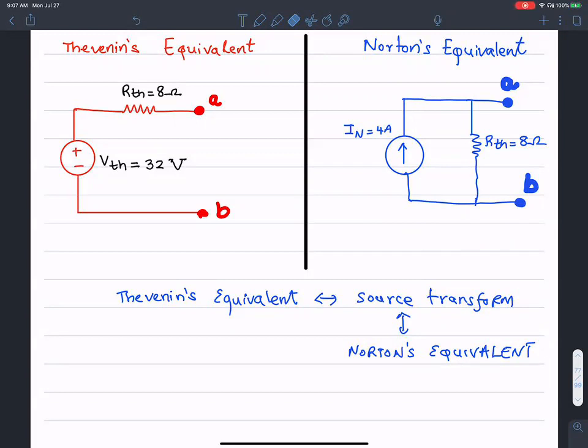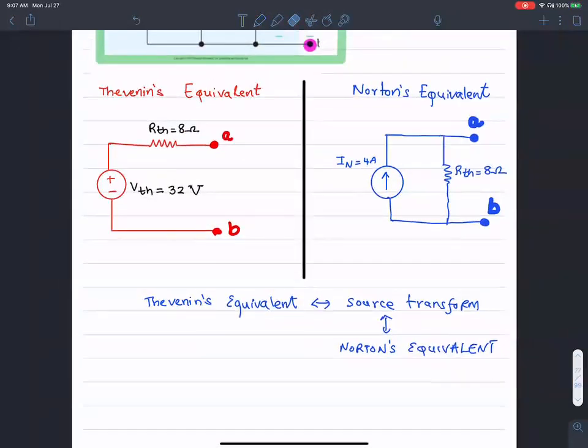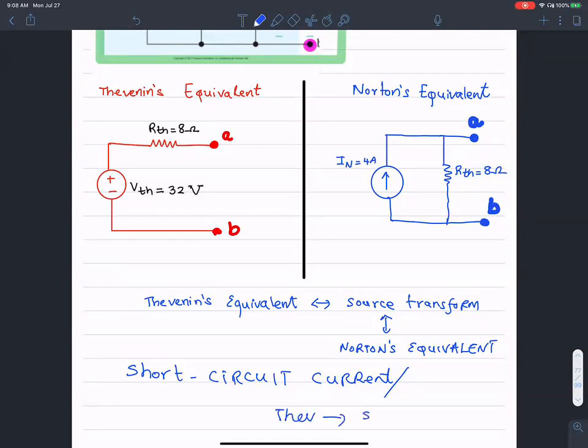So there are two techniques to find Norton's equivalent. You can find the short circuit current directly, or you can find Thevenin's equivalent and then use source transformation. Okay, so that's the idea of finding Thevenin's or Norton's equivalent.